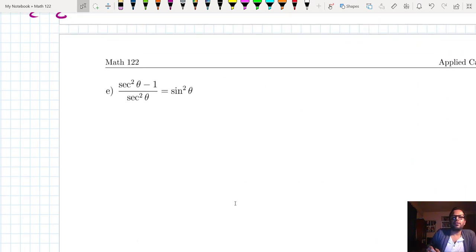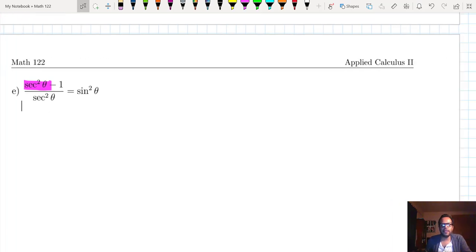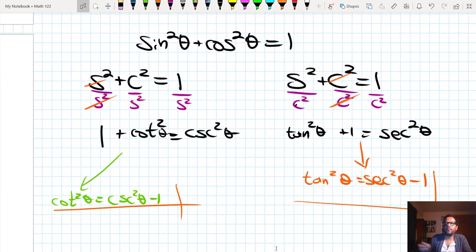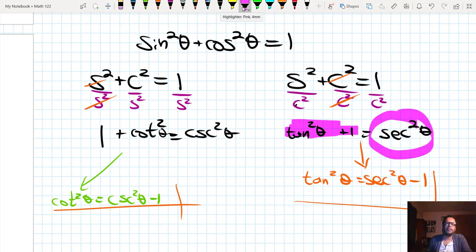Okay, so I'm going to highlight the secant squared theta. Secant squared theta is the same as saying tangent squared plus 1, right? I'm going to replace the secant squared quantity with the corresponding identity, which is tangent squared plus 1. All right?